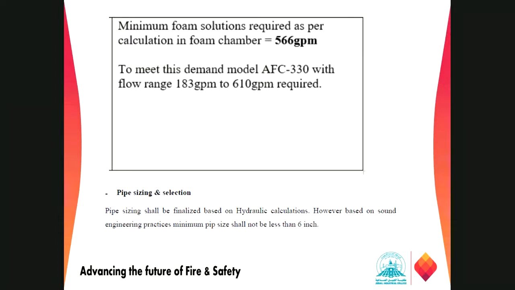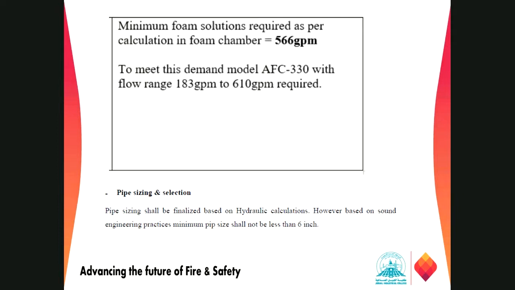So the final solution is that our minimum foam solution required as per the calculation is 566 GPM for one foam chamber. So based on the table, AFC 330 is applicable for our requirement.